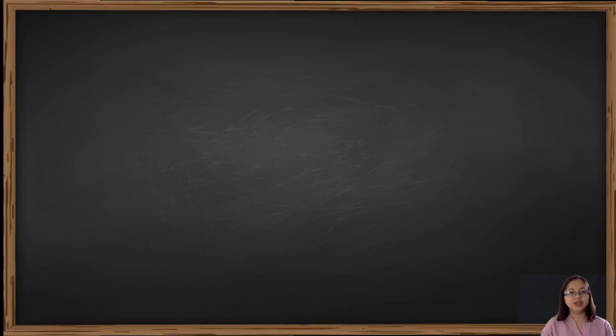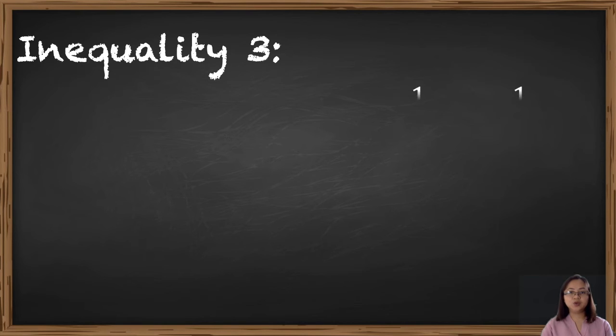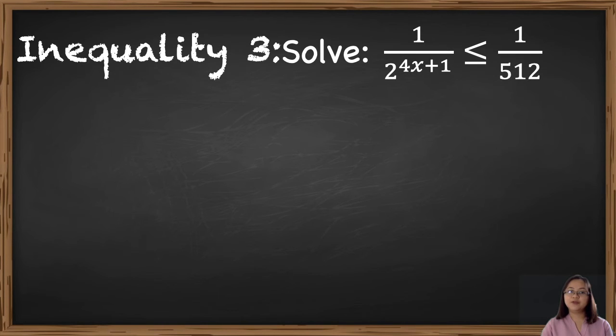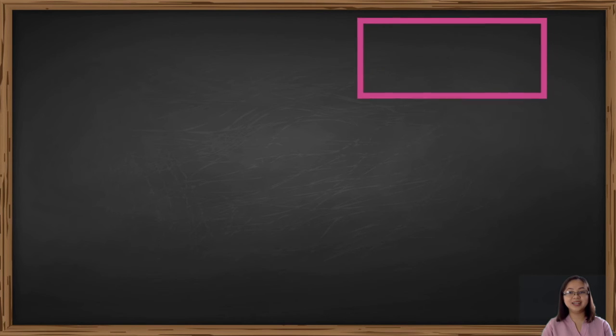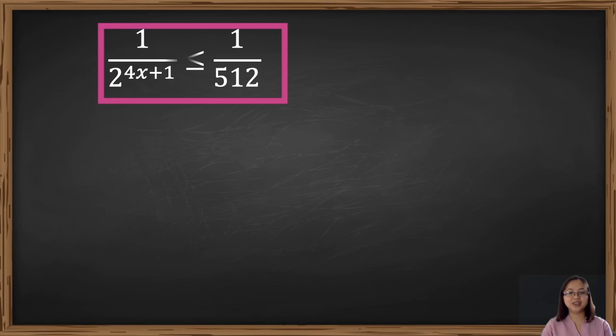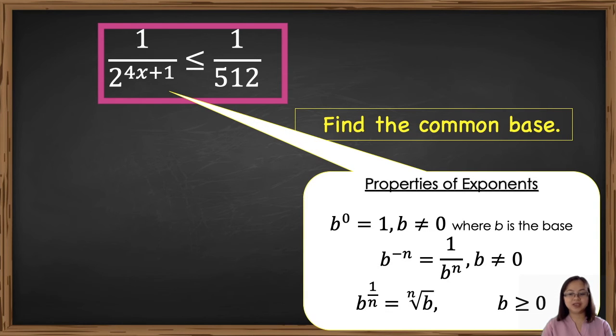The third inequality, we have 1 over 2 to the quantity of 4x plus 1 less than or equal to 1 over 512. So I know what you're thinking. We have here integral exponents. So let's find the common base. Take note of the integral exponents here.